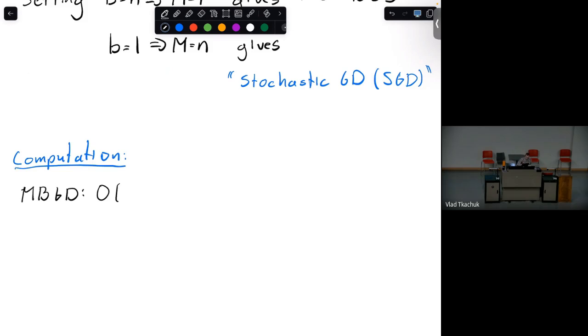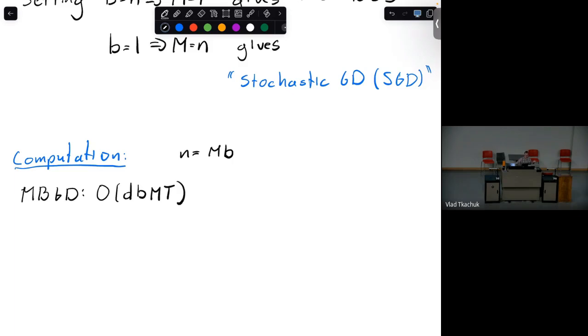Right, so I could write it like this: d times n times t. But now, what's n? You can think of n as being equal to m times b. It's just the number of mini batches times the batch size. So you can write this as b times m times t.